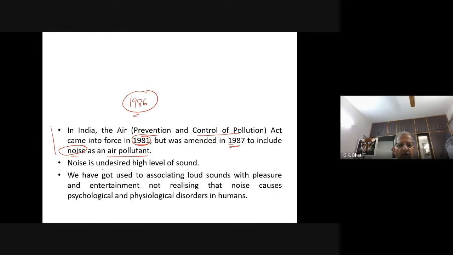Noise is an undesired high level of sound. What is noise? It is very difficult to explain. Is it not?